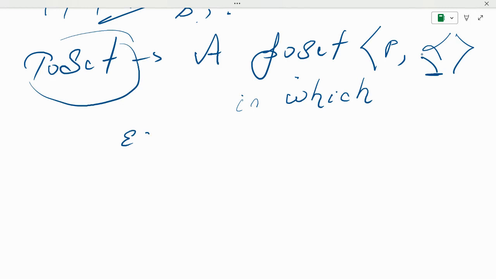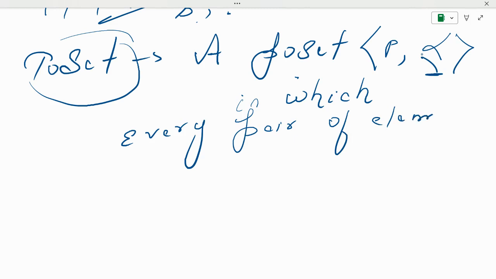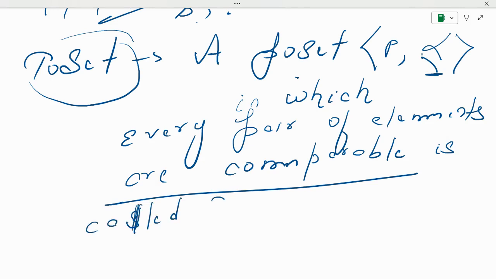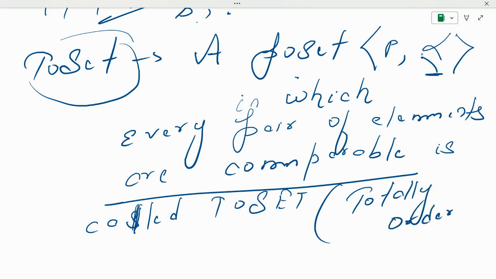in which every pair of elements in P are comparable. It is called a Toset, or you can also call it a totally ordered set.